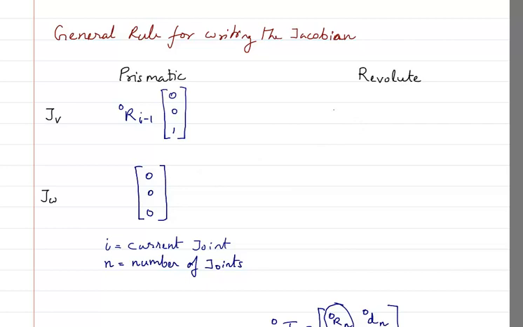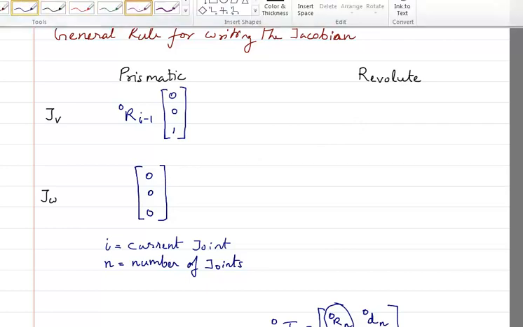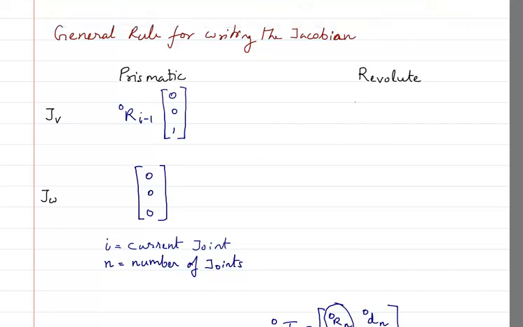Next, the revolute joint. If there is a revolute joint, then the JV, or the linear velocity part, is given by the equation 0 R I minus 1 multiplied with 0 0 1. Up to this it is the same as prismatic, but we are multiplying this with 0 dn minus 0 d I minus 1.